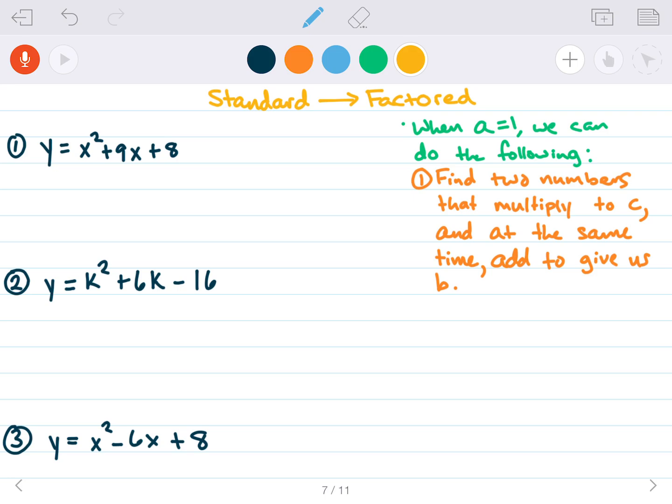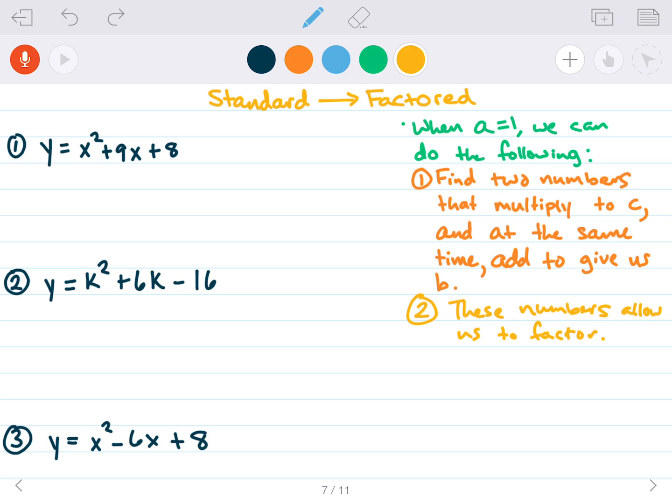So those two numbers are part of our factors. So these numbers allow us to factor. Let me show you what I mean by this. So I want to look at the first example.